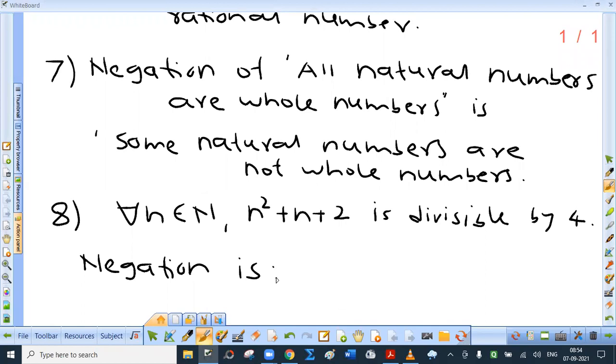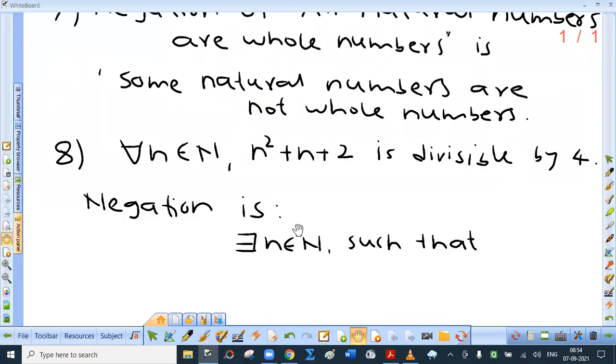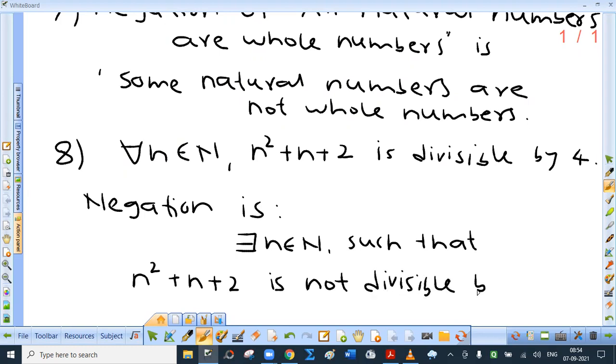Negation is, now for all, that is universal, will change to existential. So there exists at least one natural number n such that n square plus n plus 2 is not divisible by 4.